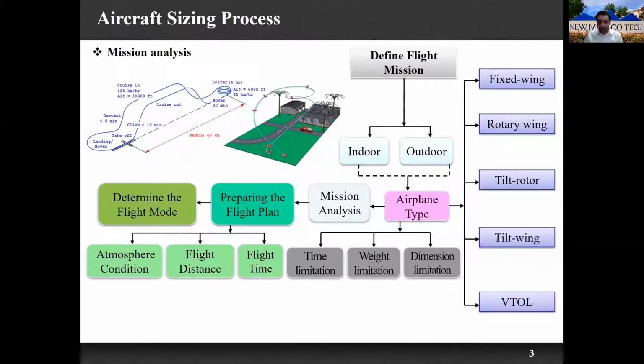We have a wind speed that we need to consider once we want to design our aerial object. But once we go to indoor space, for example inside a building, the temperature is almost constant. It can be 25 degrees or 20 degrees, depending on the type of building. So the temperature is almost constant. The second factor is that we don't have any wind speed.